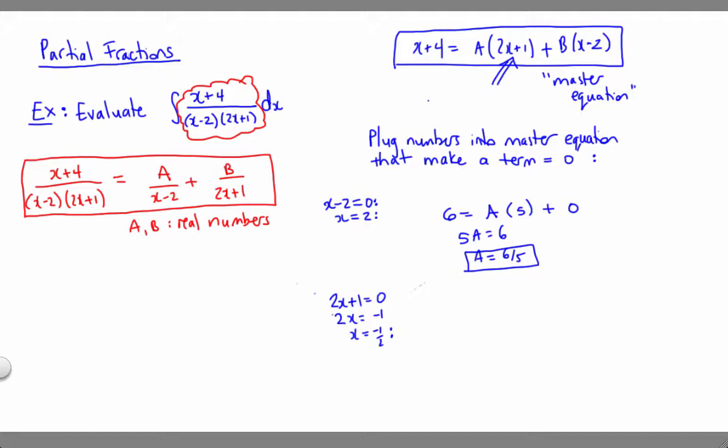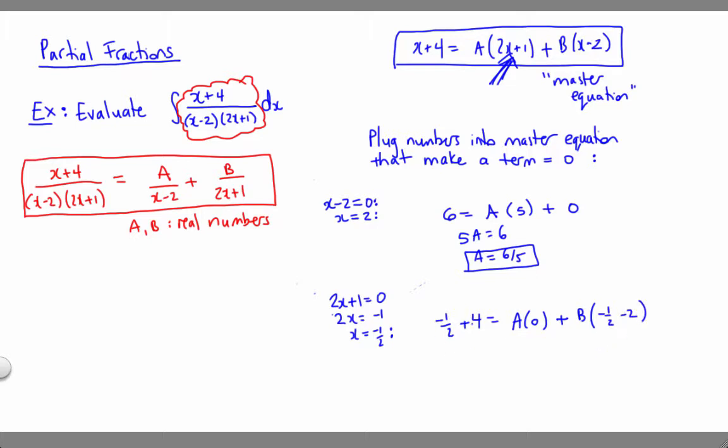Looking back up at the master equation, we've got minus 1/2 plus 4 is equal to A times 0, because we know that 2x plus 1 is going to equal 0 because we designed it that way. And then moving over, we've got plus B times minus 1/2 minus 2.